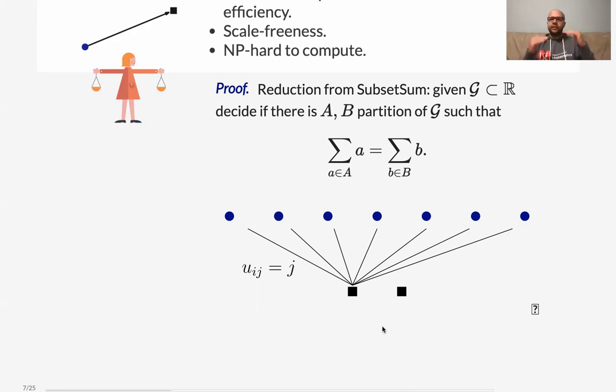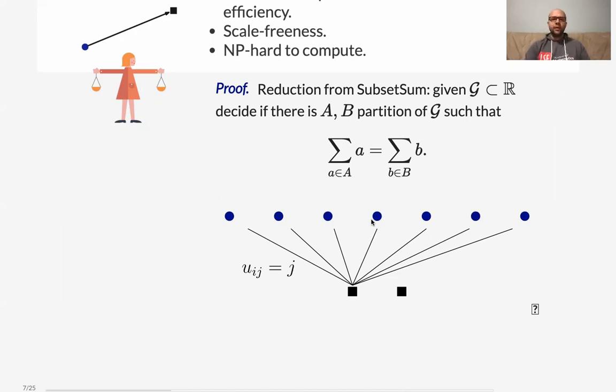If they get slightly different values, so one has a little less than half and the other one has a little more than half, then we have a no instance of the subset sum problem, and thus maximizing Nash social welfare, even here under additive valuations, is NP-hard.